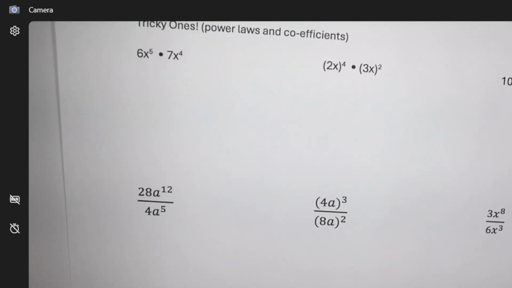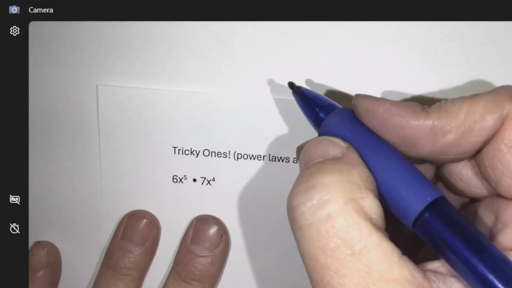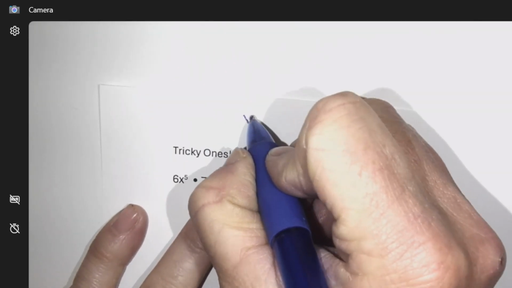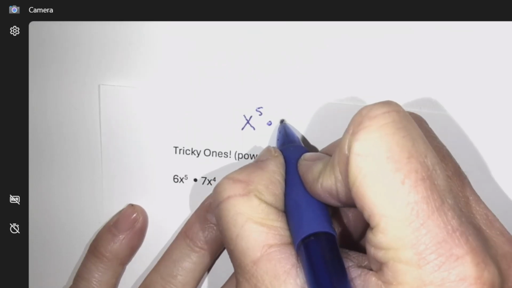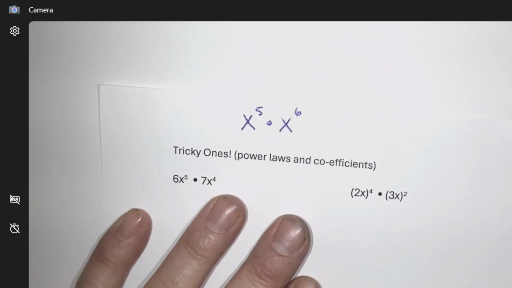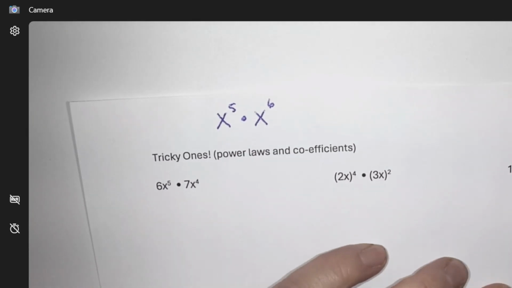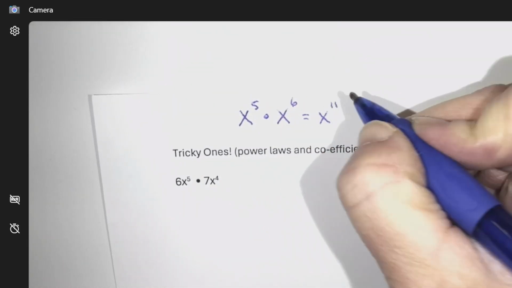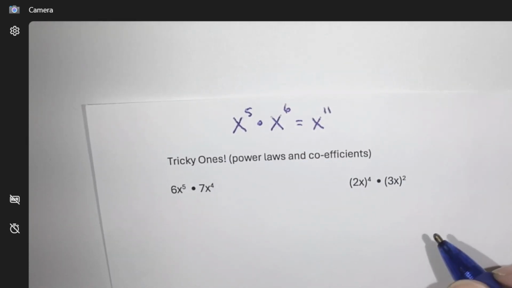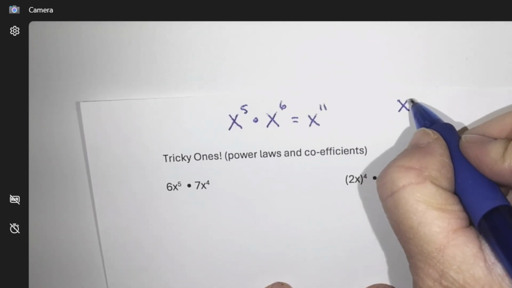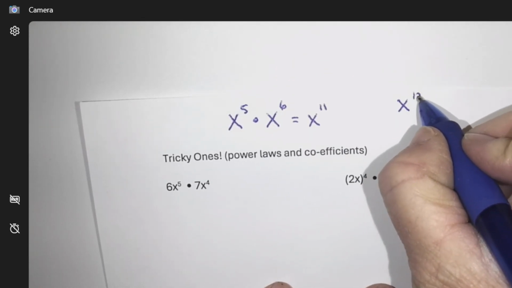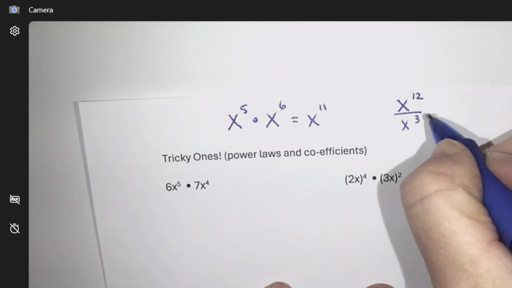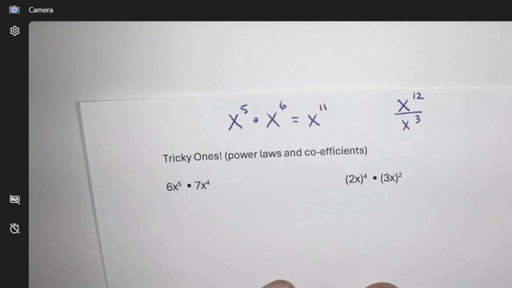Okay, so laws. You got them down, Pat? Your laws. So if you have this, what is the answer to this simplification? Add them. If you have this division, what do you do?